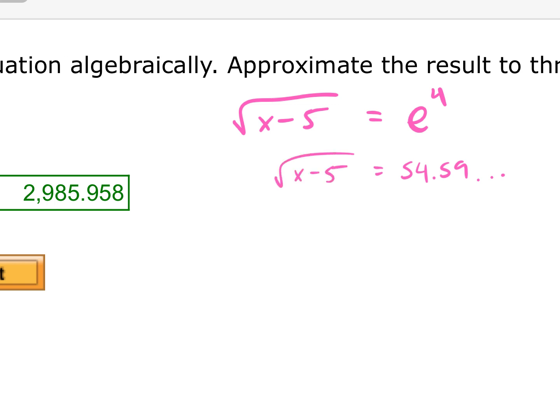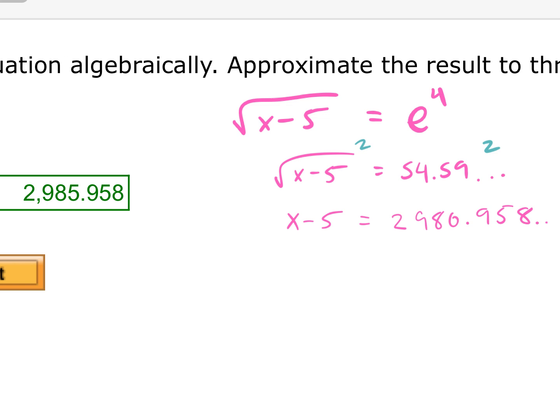How do I get rid of the square root? Square both sides. So I'm going to square this in the calculator. We get x minus 5 is equal to 2,980.958.